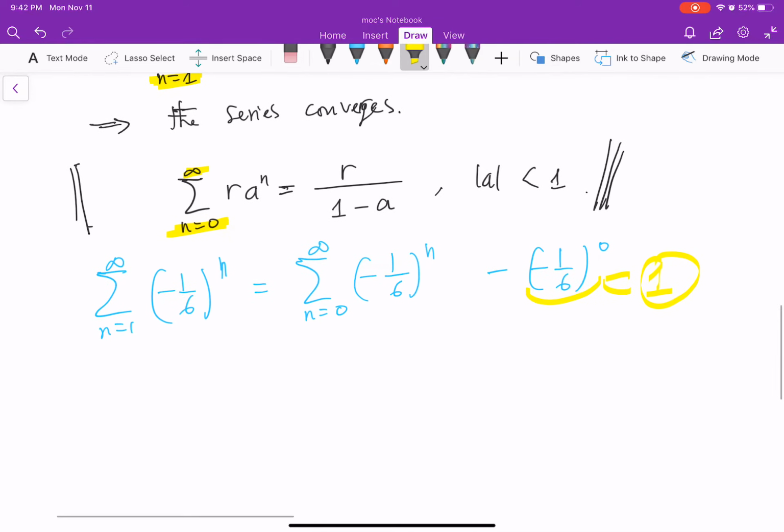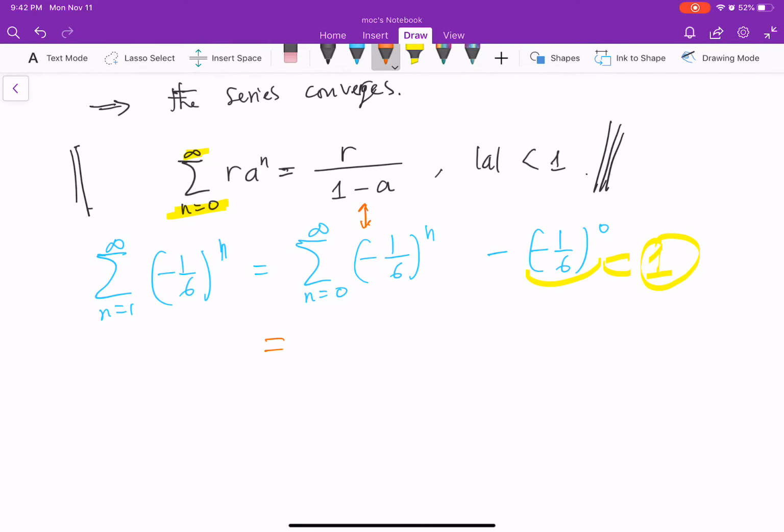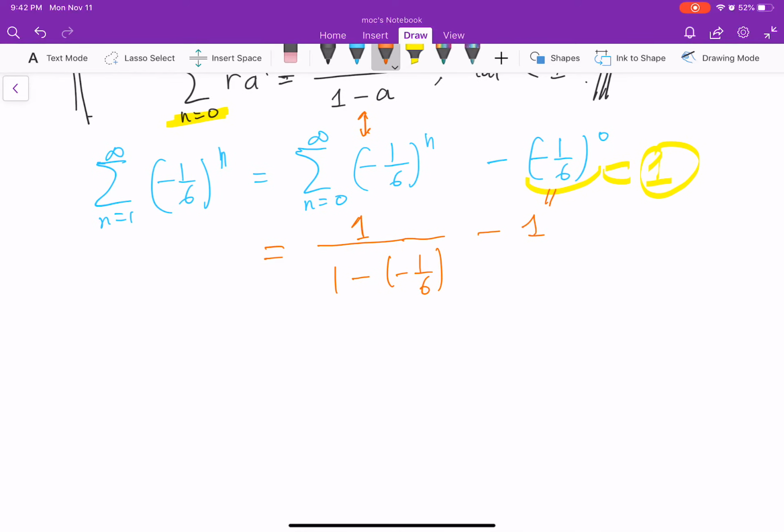So using the formula right here, I can find the sum. In this situation, r is just equal to 1, so that is 1 over 1 minus negative 1/6, minus 1, because this term is just 1. I can do this easily.